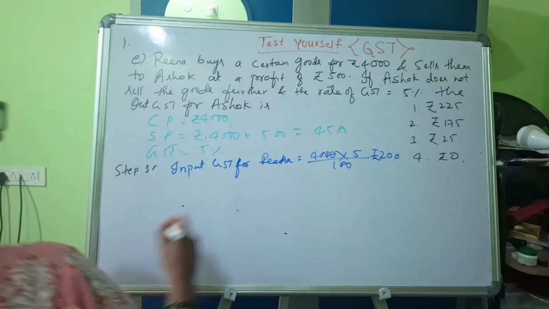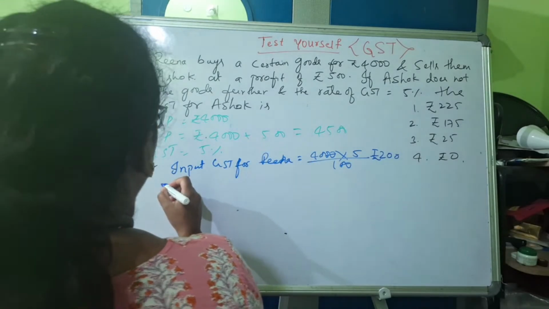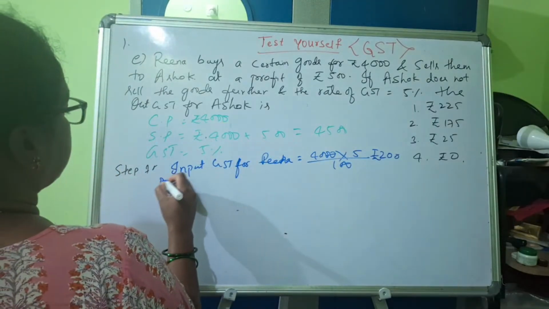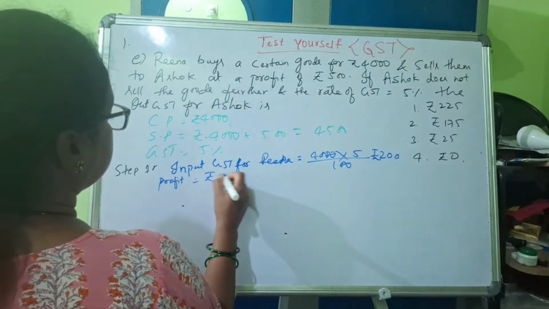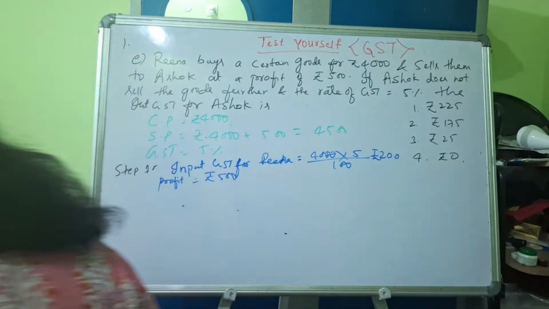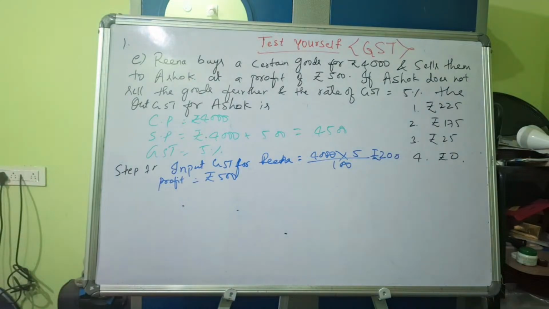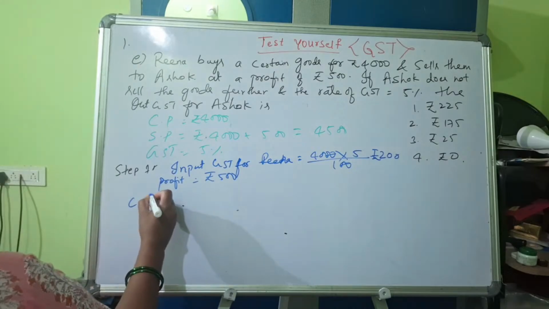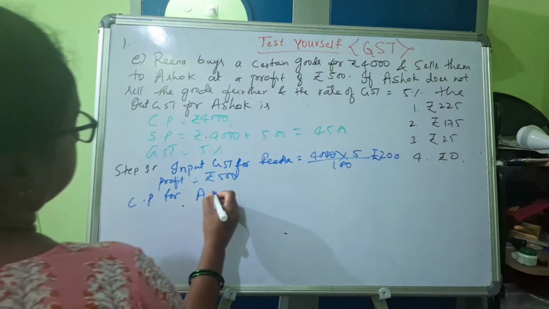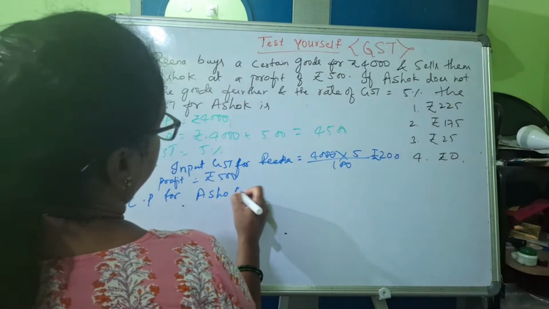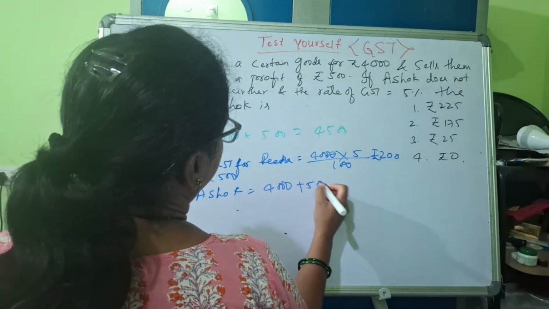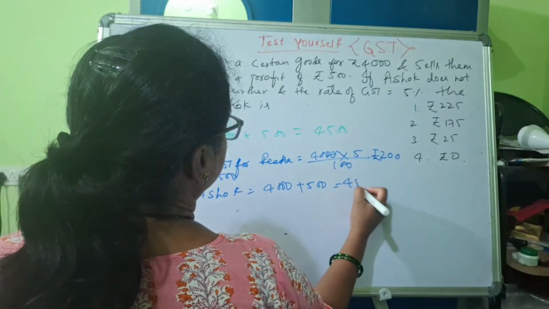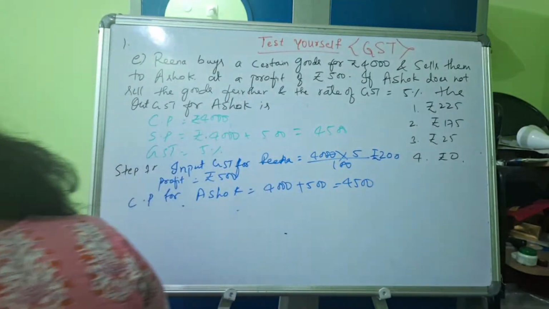So the profit made by Reena is already given, that is rupees 500. So the cost price for Ashok is equal to rupees 4,000 plus 500, which is equal to 4,500.